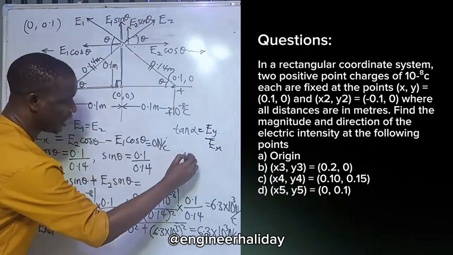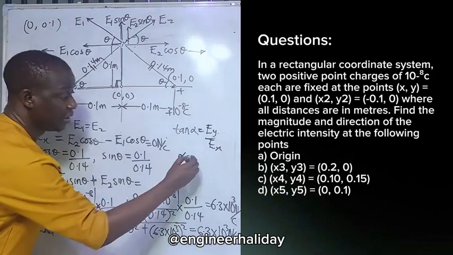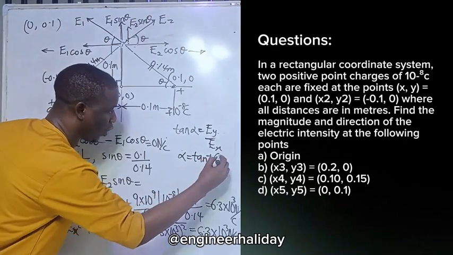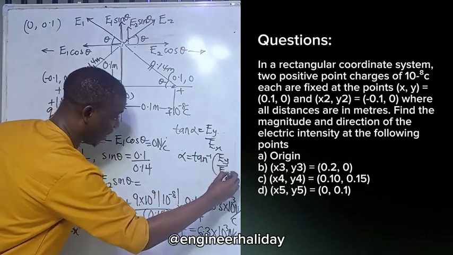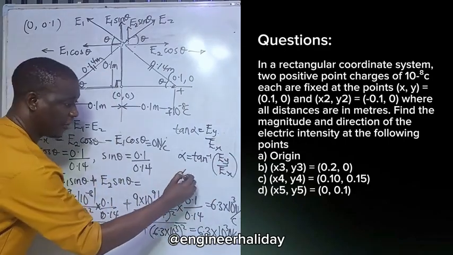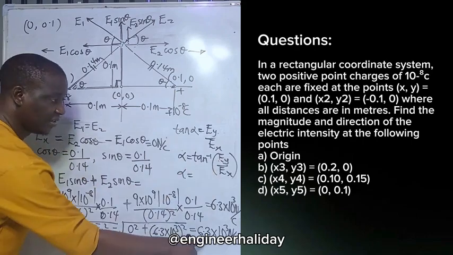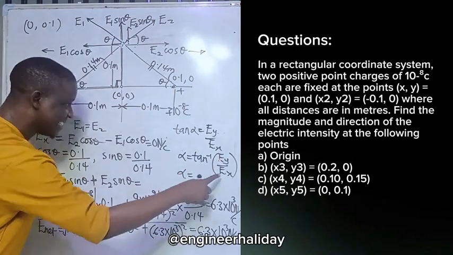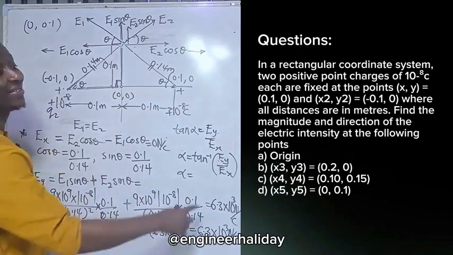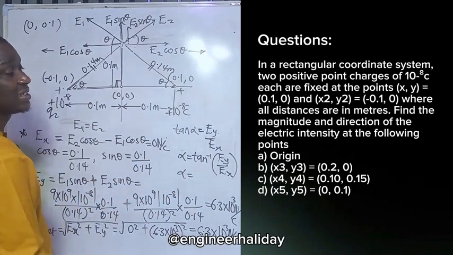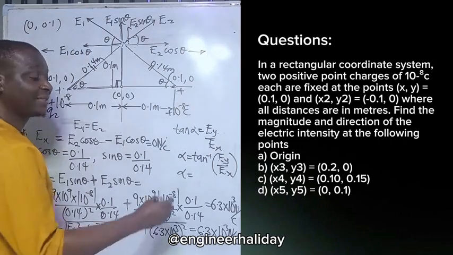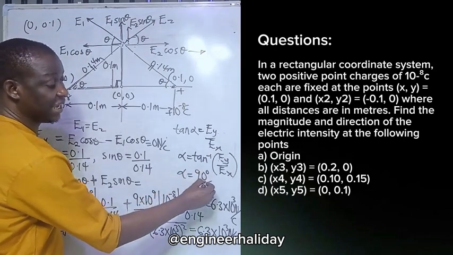So alpha equals tan inverse of EY over EX. What is EY? This. What is EX? 0. Anything divided by 0 is infinity. Then tan inverse of infinity should be 90 degrees.